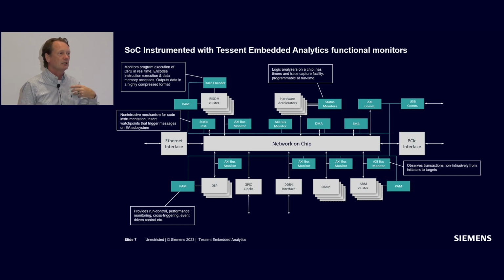So again, this is a dedicated network that does not impact the functional operation of the chip, and does not require you to access the monitors only in an offline or test mode.